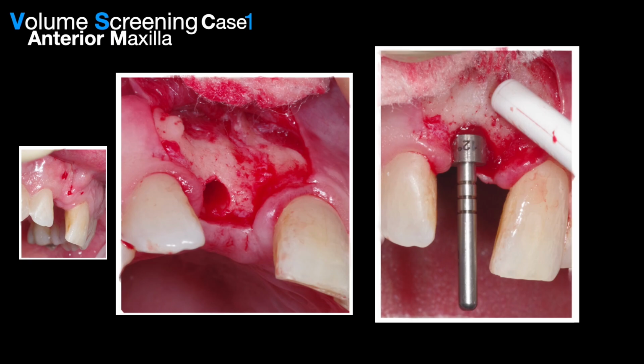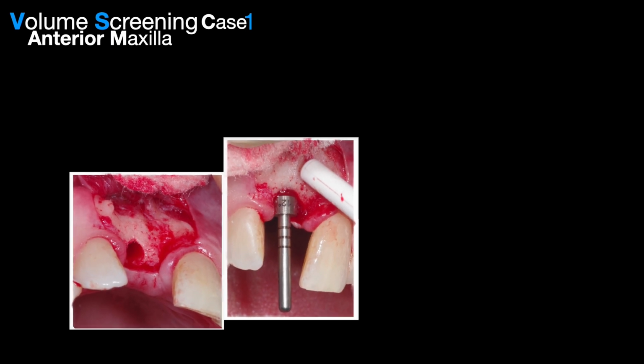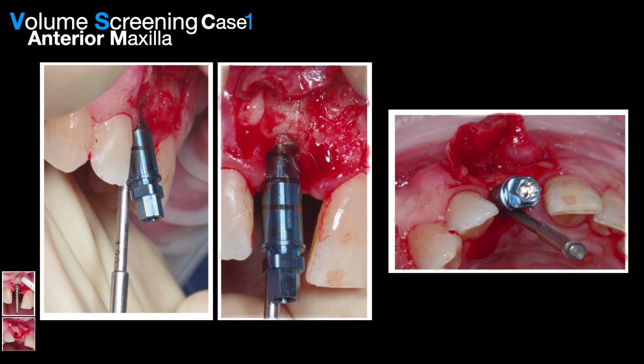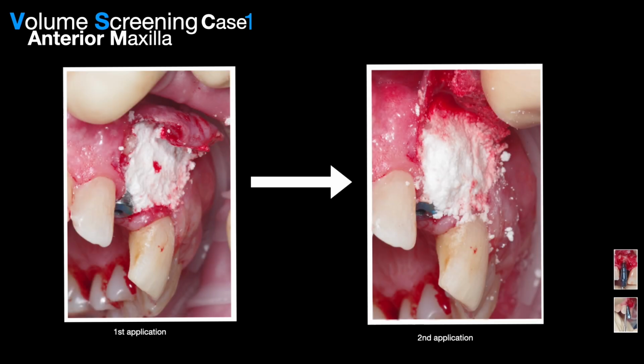We've got placement of the implant. Then we place and torque the implant. You can see the position. We got the first layer of EthOss applied. We left it for about 5 minutes, and then the second layer was applied.